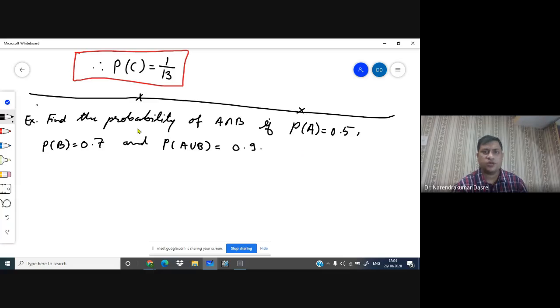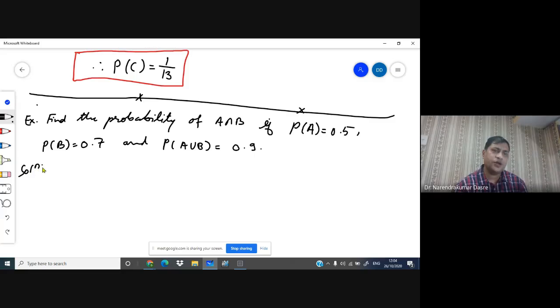So that's what we have. We have to find out the probability of A intersection B, when we know the probability of A is 0.5, the probability of B is 0.7, and the probability of A union B is equal to 0.9.